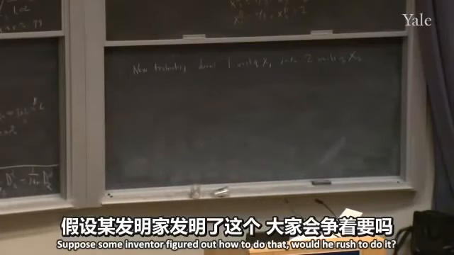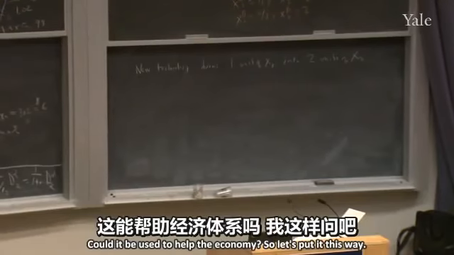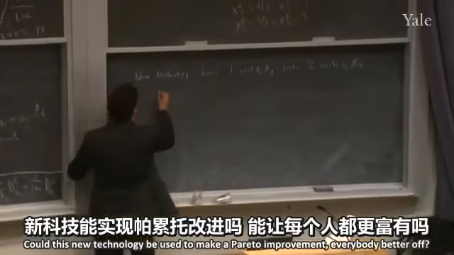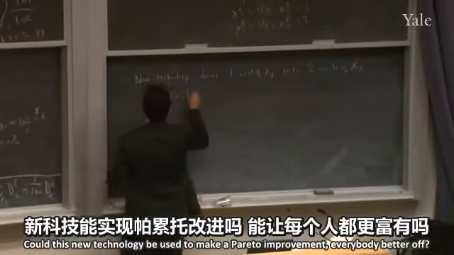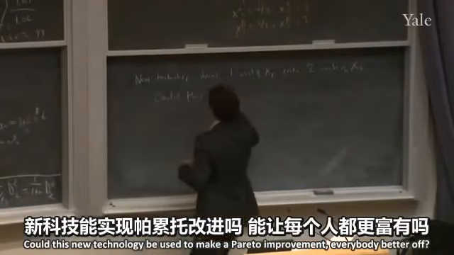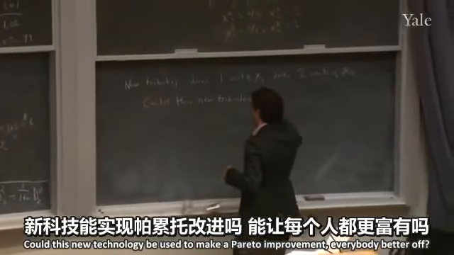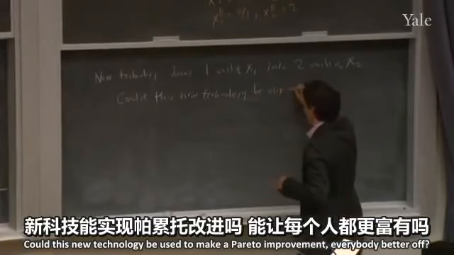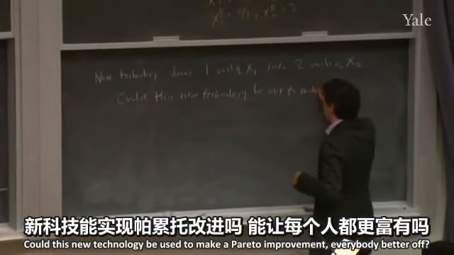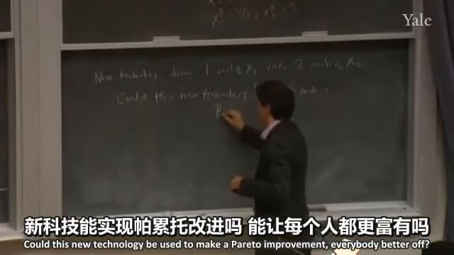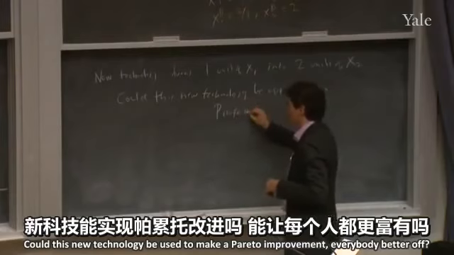Suppose some inventor figured out how to do that. Would he rush to do it? Could it be used to help the economy? So let's put it this way. Could this new technology be used to make a Pareto improvement? Everybody better off.